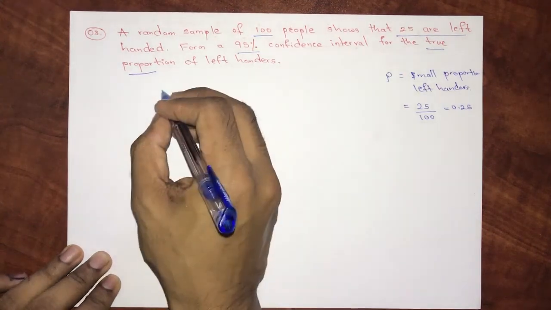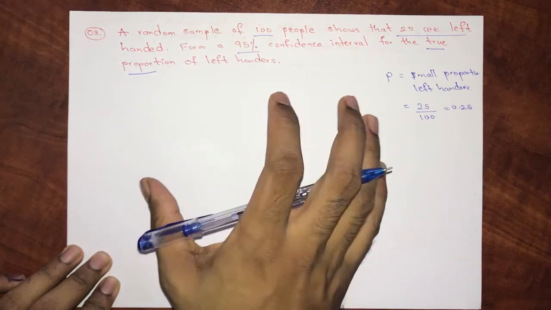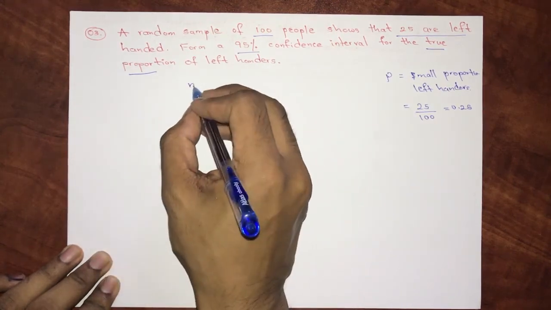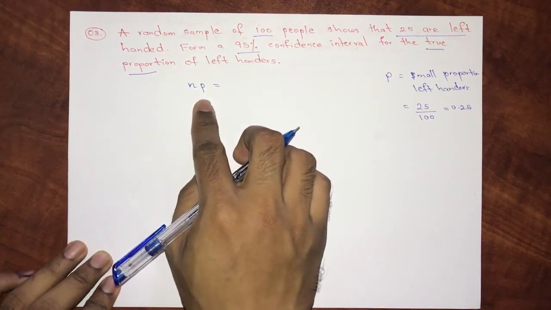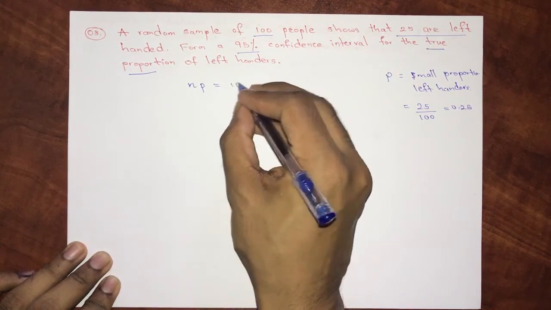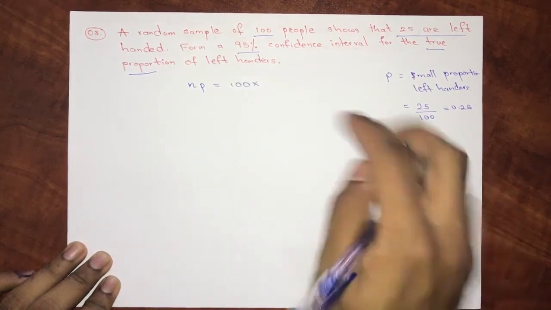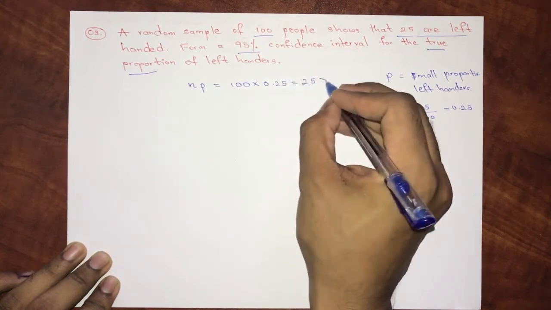So in that case, you have two conditions that you have to meet in order for you to use the equation, which is n times p, the sample size times the sample proportion, should be greater than 5. So n is 100, the sample proportion is 0.25, which gives you 25, which is greater than 5.